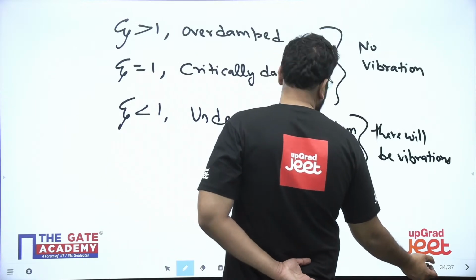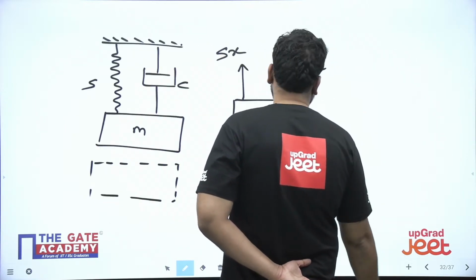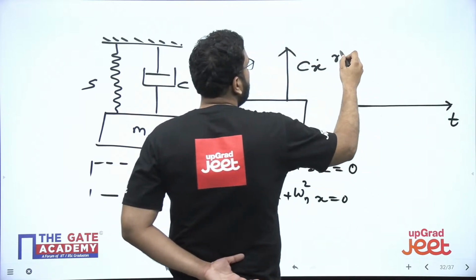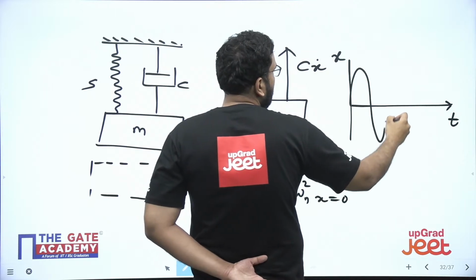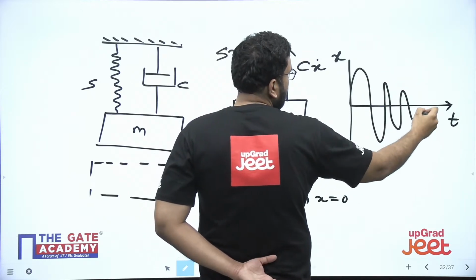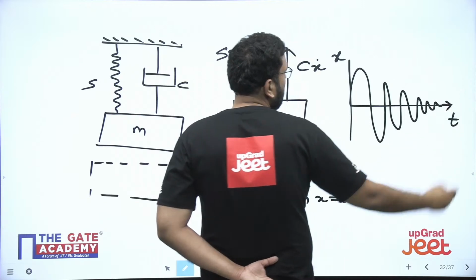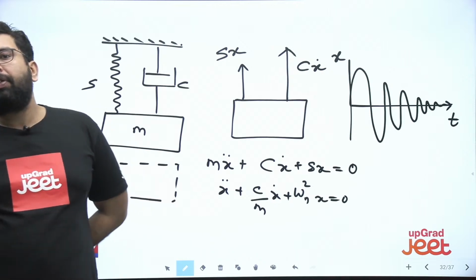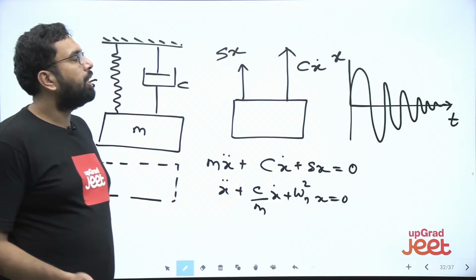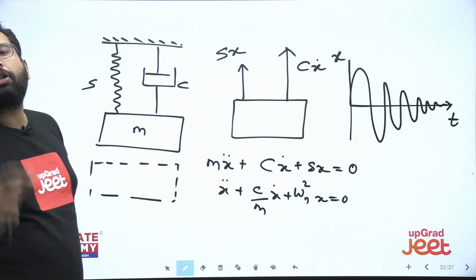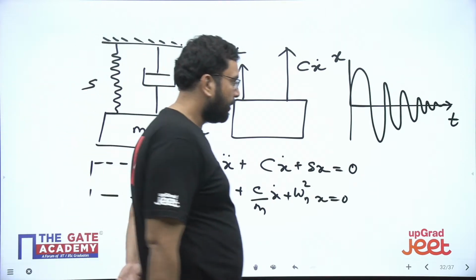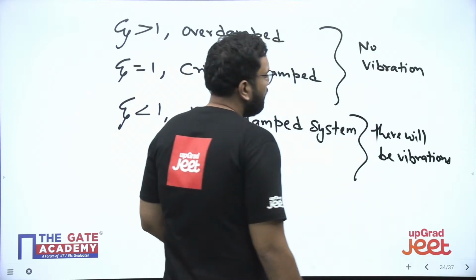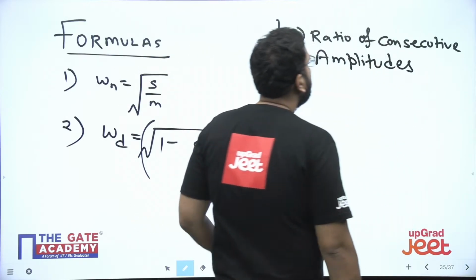If you see the nature of this vibration, if you give it some initial displacement, it would be vibrating like this. With respect to time, these oscillations are going to reduce and become zero after some time. So with every time period, the vibration amplitude decreases. This ratio shows you how much amplitude is reduced in one cycle.